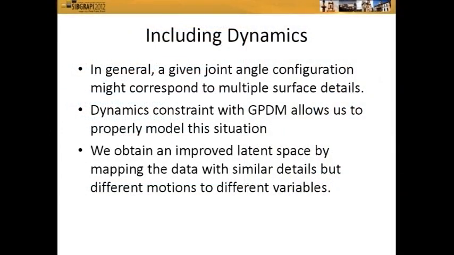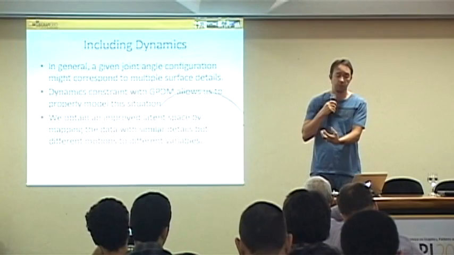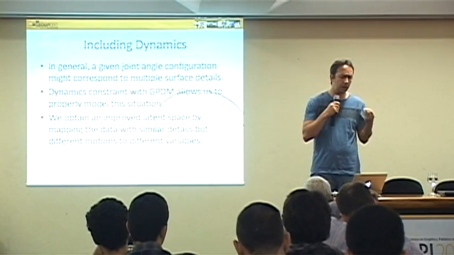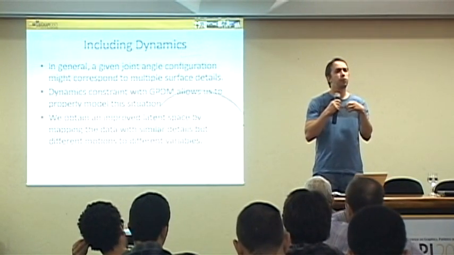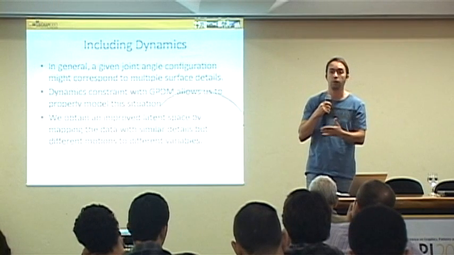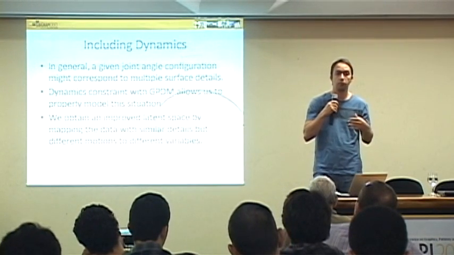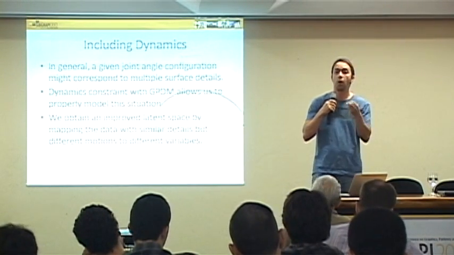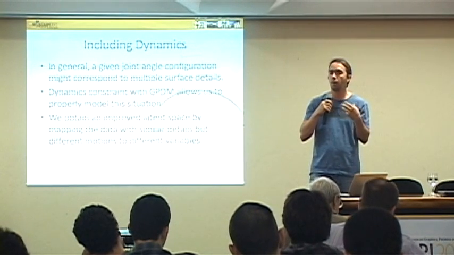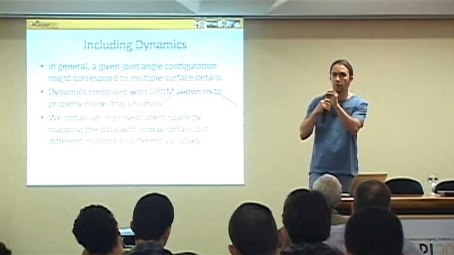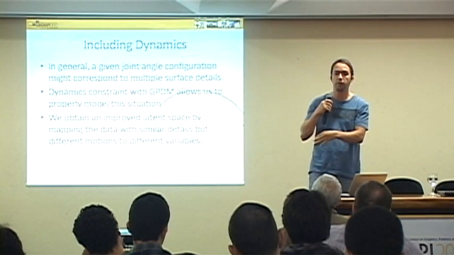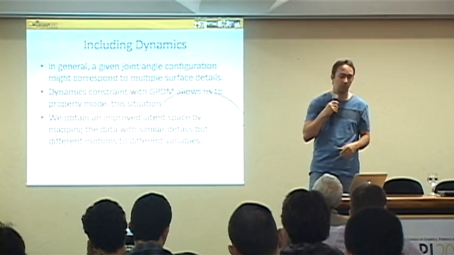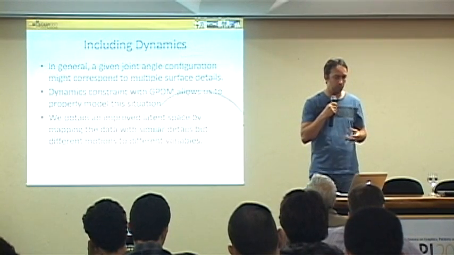In this low dimensional space, if you don't care about how we construct this space, a given joint angle might correspond to multiple surface details. If you imagine someone walking and you stop that sequence, and you don't care about speed, that particular and unique pose might have different representations depending on many properties.